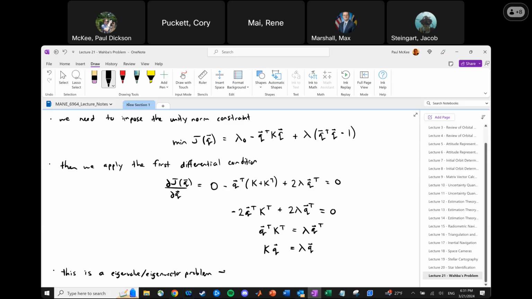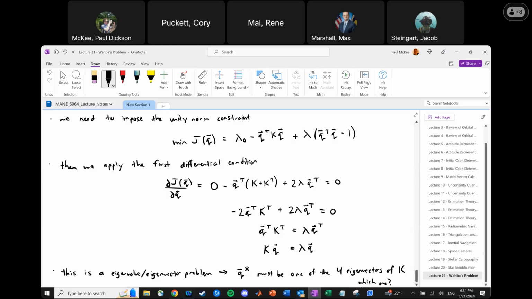So it must be the case, and I'm going to write this as Q star, which is like the optimum Q, optimum Q must be one of the 4 eigenvectors of the Davenport matrix K. Okay, but which one?